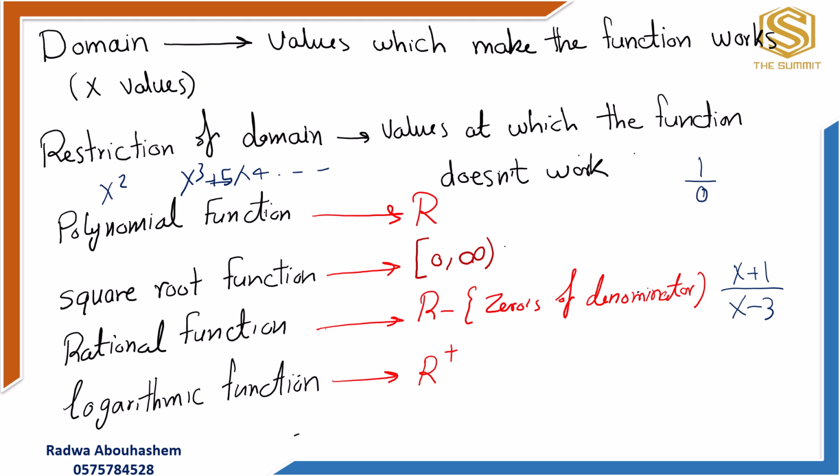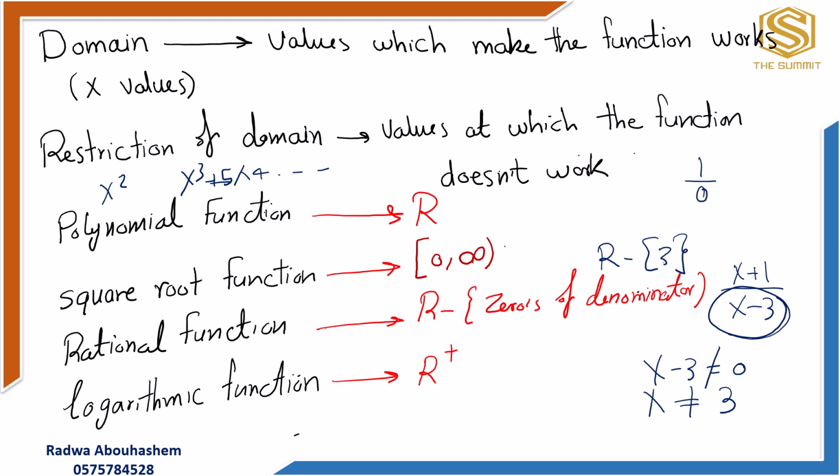So this means I need the value that would make my denominator equal to 0 to remove it from my domain. So I'm going to say x minus 3 does not equal 0, so x does not equal 3. So my domain would be R difference 3. This means I could put any number except 3. This is the domain for the rational function.